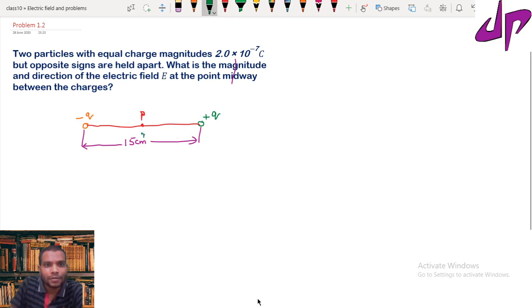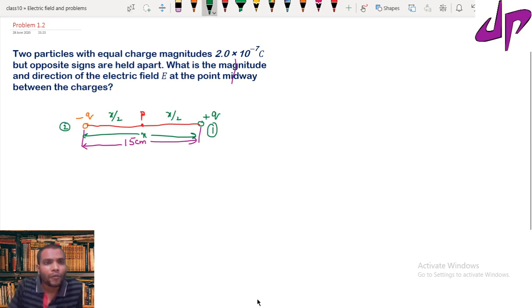The distance between them equal to x, and the point P exactly the midway. It means from this point this distance goes to x by 2 and here also goes to x by 2. Since I need to find out electric field at point P, let me take this positive charge as charge 1 and this as charge 2.